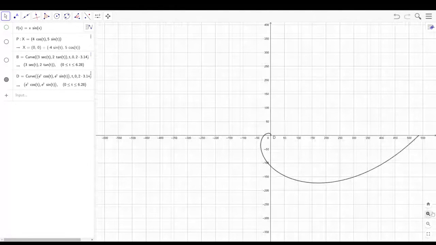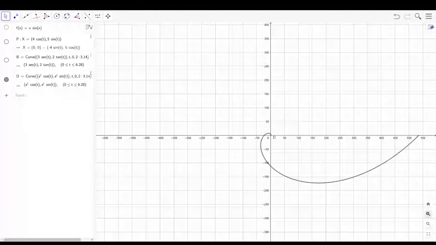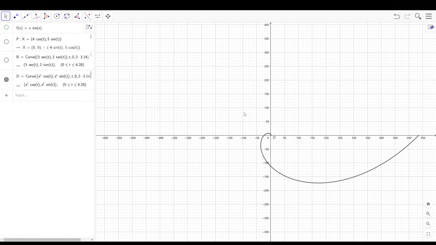Okay, so this hasn't plotted the whole curve, but it's plotted the first part of the curve. And it looks like it's starting to become a spiral, right? You can see it over here, it's just restricted the t values. So from GeoGebra, we would expect that this is going to be some sort of spiral.